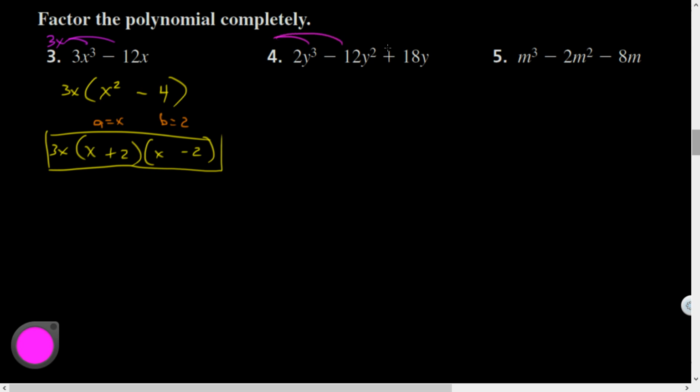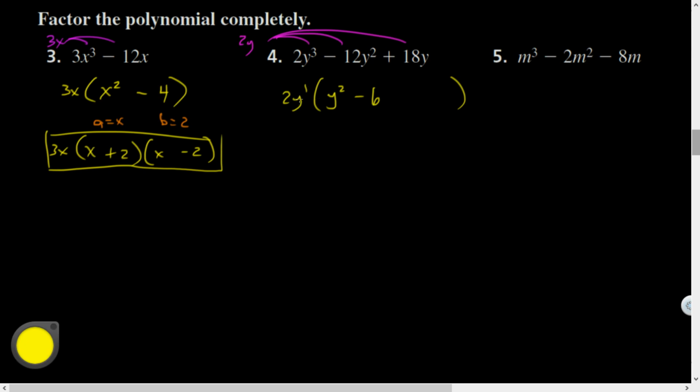So let's see, my students found out that 2y can come out of this, and this is what they're working on now: 2y times y squared, because y to the first plus y to the second, or when I multiply variables, I add their exponents if they have the same base, and 1 plus 2 is 3. And then 2 times what is negative 12? Negative 6.